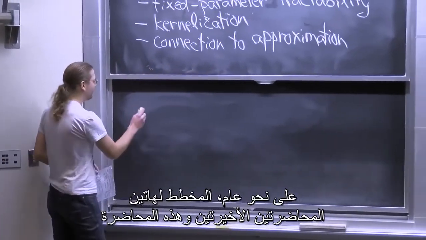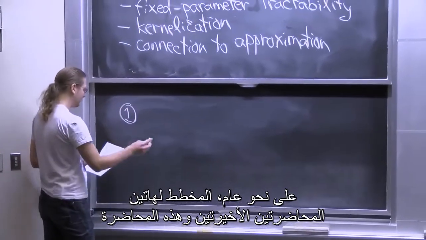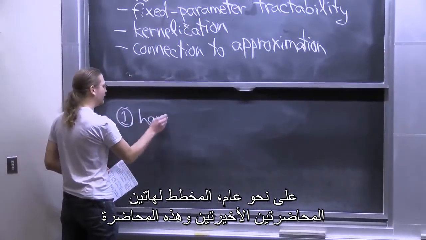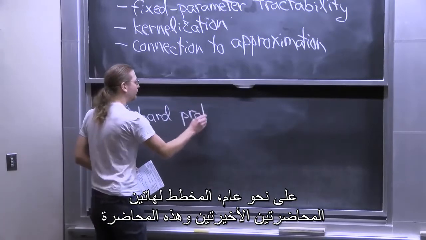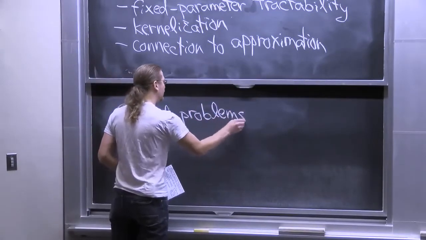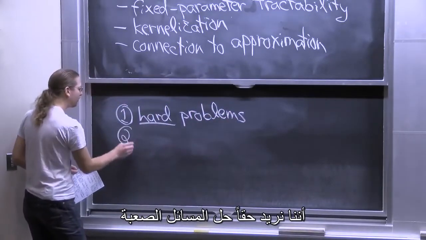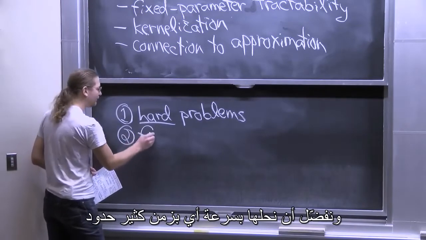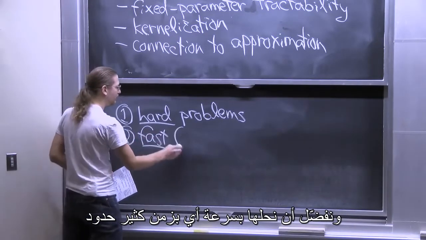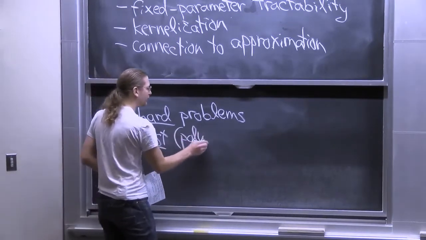In general, the theme of these last two lectures and this one is that we'd really like to solve hard problems. We'd like to solve them fast, meaning polynomial time.